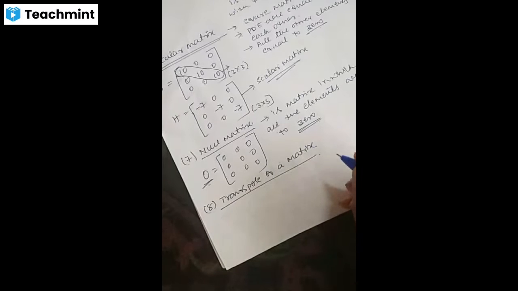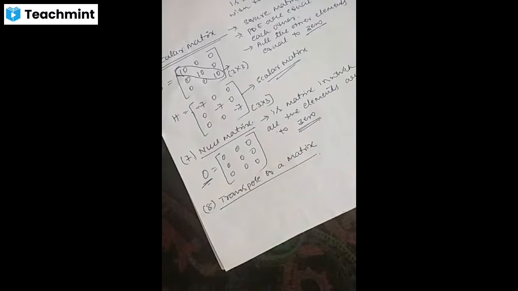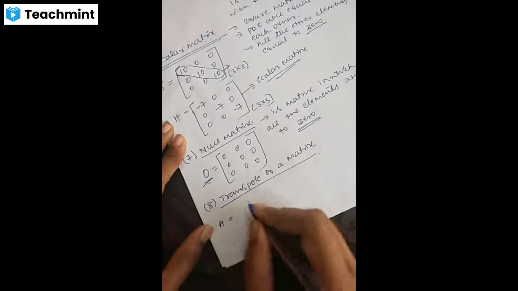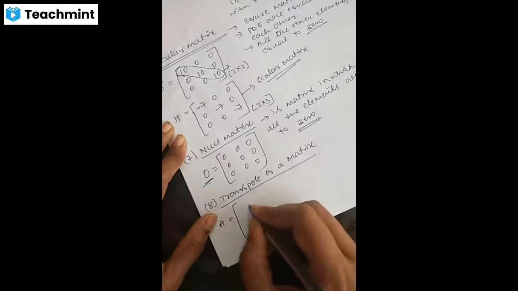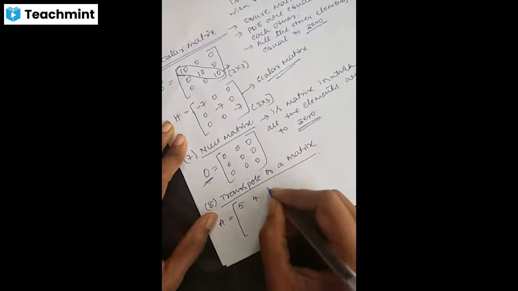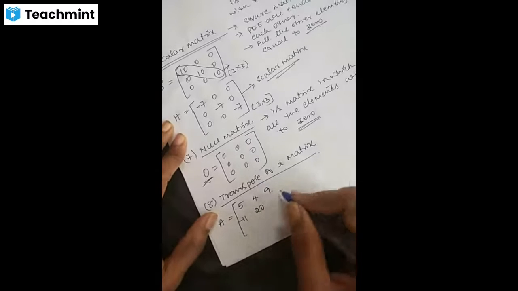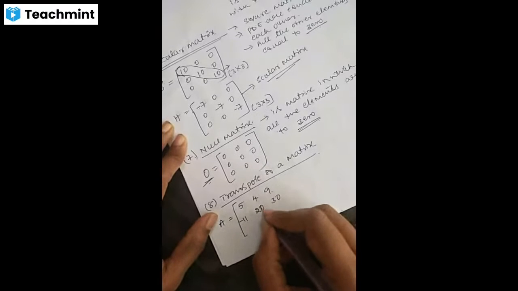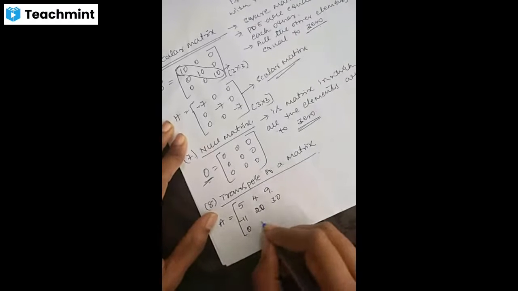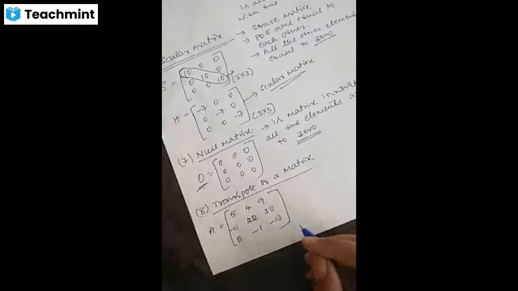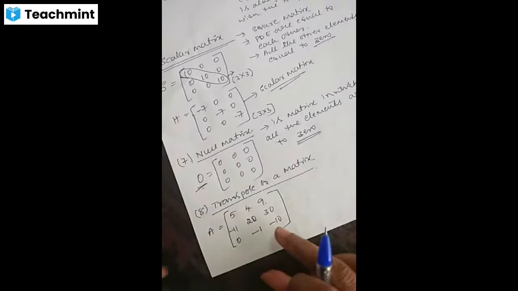Transpose of a matrix may be obtained by changing the rows of a matrix into the columns. See here, matrix A is equal to 5, 4, 9, minus 11, 20, 30, and 0, minus 1, minus 10. Here, matrix A, I have taken up an example.